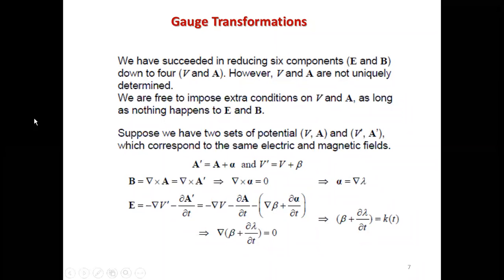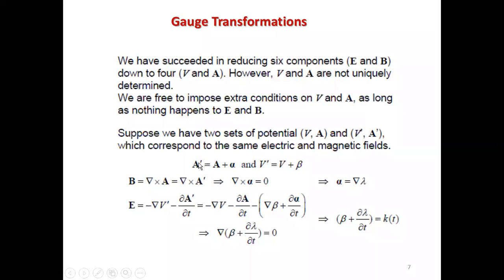Let us see. Suppose we have two sets of potentials, V, A and V prime, A prime. Means at some point the scalar and vector potentials are V and A, and at another point the potentials are V prime and A prime. Okay? And this corresponds to these two relations.